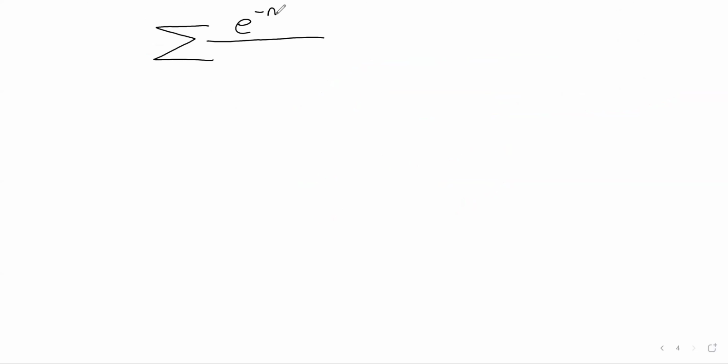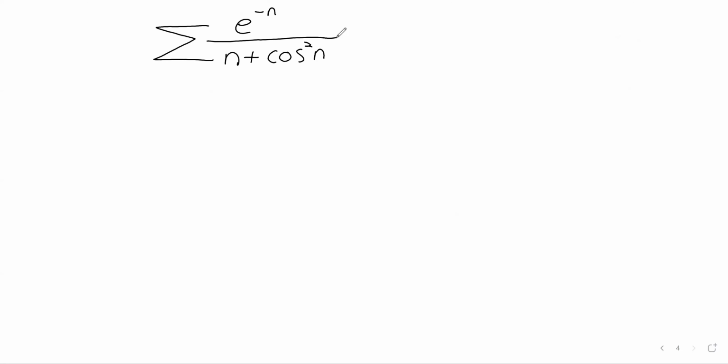E to the negative n over n plus the cosine squared of n. Let's do 2 more examples. I keep meaning to do something involving factorials. Let's do an example that involves the factorials.